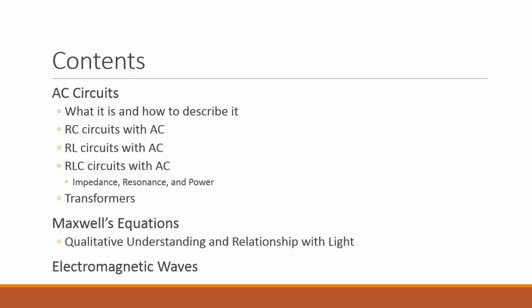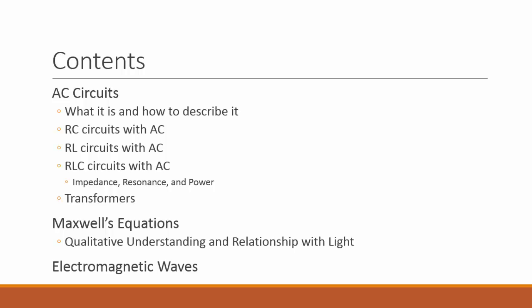Now, the phrasing I have here is a little bit different from how I'll actually go through the chapter. I'll talk about how resistors behave with AC, how capacitors behave with AC, how inductors behave in AC, and then I'll talk about what happens if you have combinations of resistors, capacitors, and inductors.